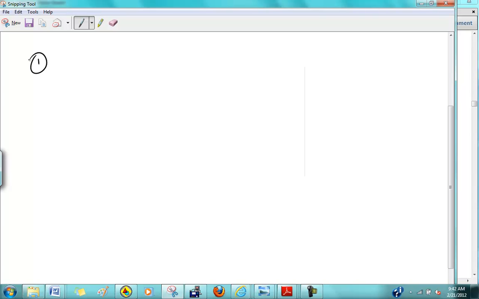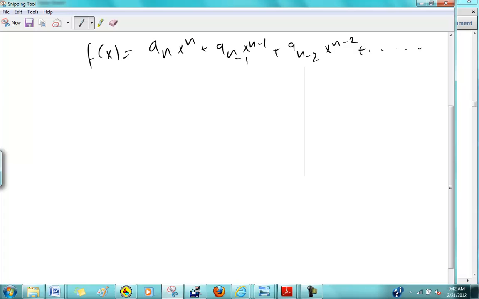Rule number 1. Before we even do the rule, this is the equation you need to know. So your function f(x) is going to look like a sub n x to the n, plus a sub n minus 1 x to the n minus 1, plus a sub n minus 2 x to the n minus 2, and so on.